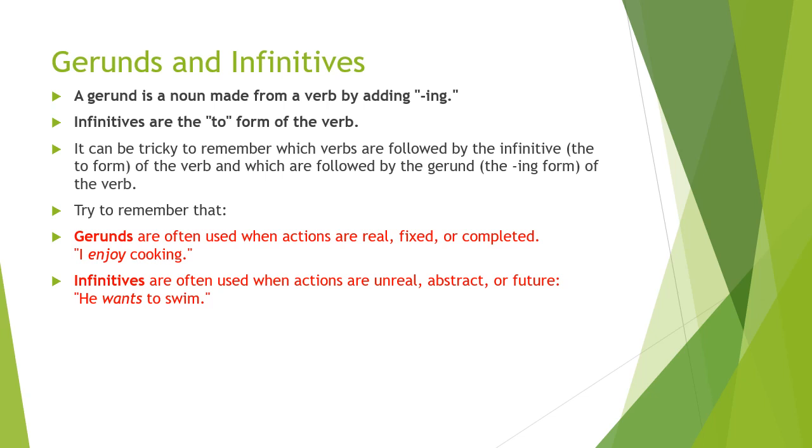So managers decided to ignore safety concerns. So the action here is not real, it's not fixed, it's unreal, or it's abstract, or it's in the future. It's one of the three. In this one, it's abstract.